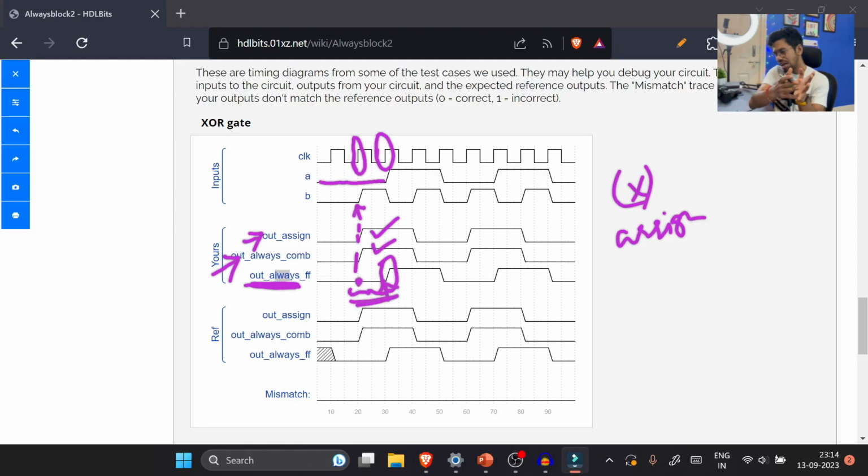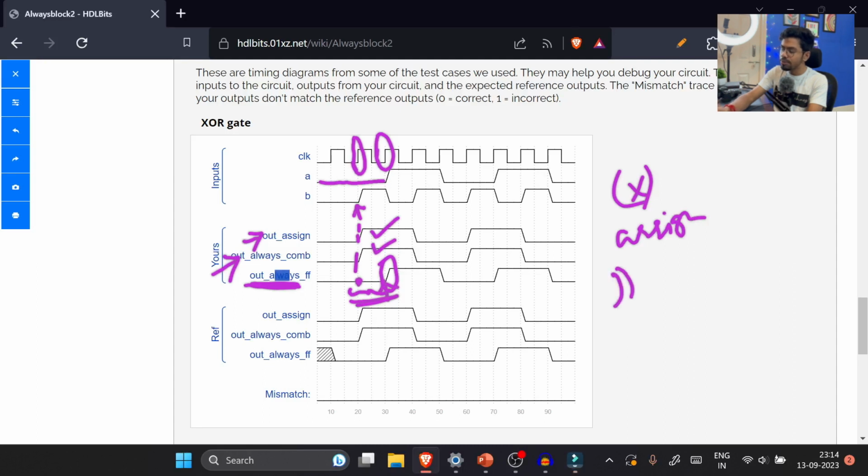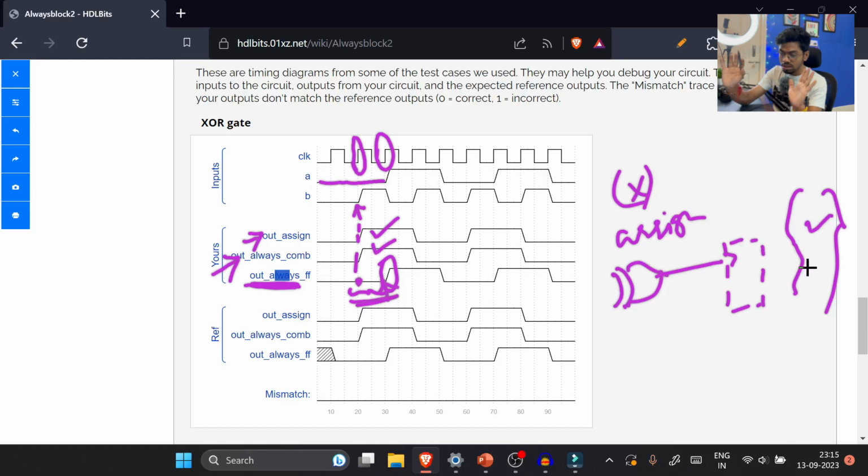There is a small doubt. You might say, hey, when your XOR result is ready, then why not give it to the outside world? Why are we again creating a flip-flop here? Why are we waiting for the next positive clock? The answer is that the outside world, when your first positive edge arrived, may be doing something else.